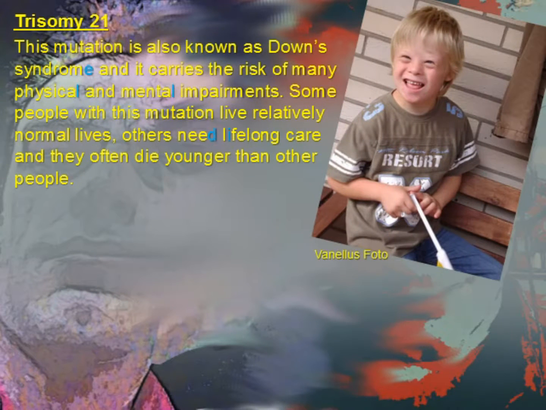So trisomy 21, for example, is also known as Down syndrome, and this is quite common to see in everyday life because the people who have it, although they have some physical and mental impairments, they can live relatively normal lives, although they often need additional care and die younger than other people.